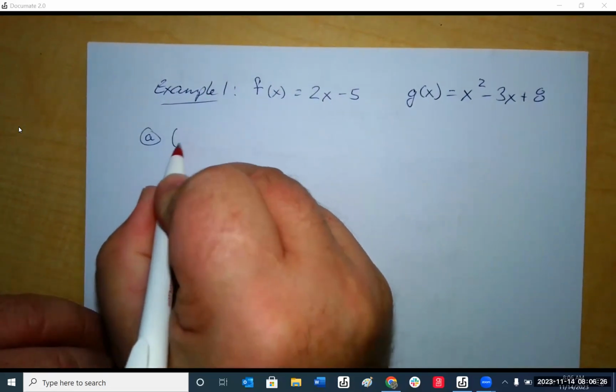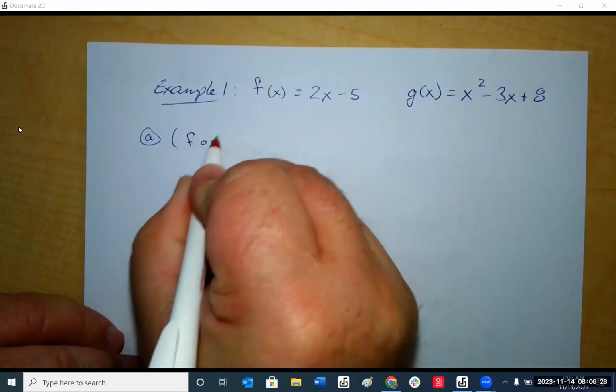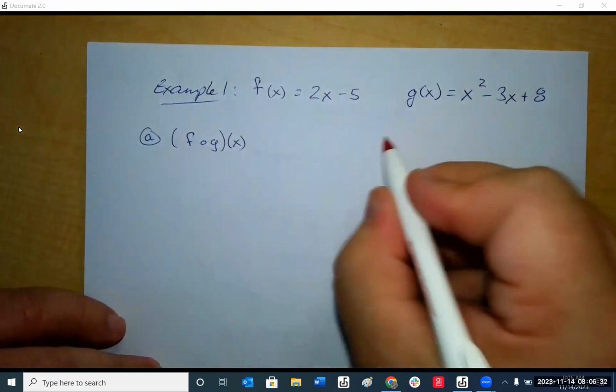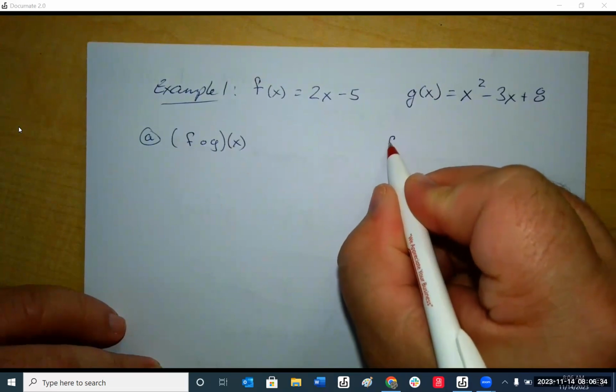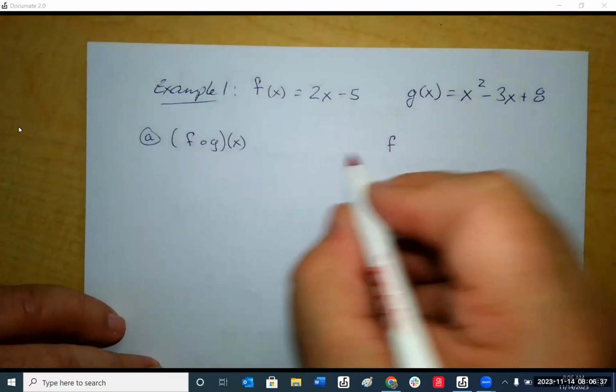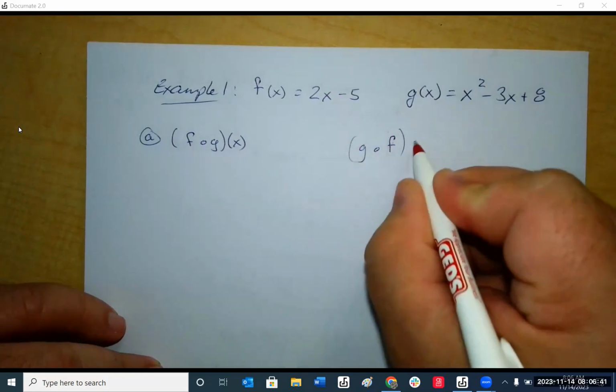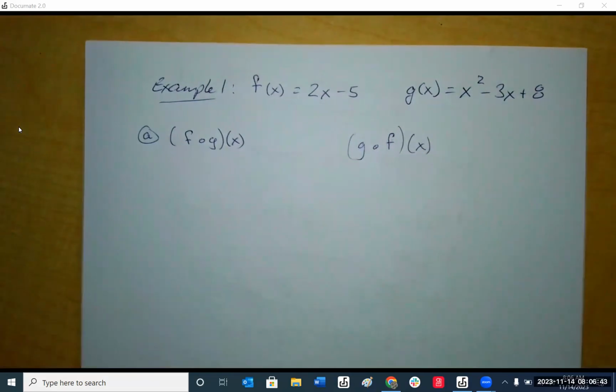We have to find f of g of x and g of f of x.